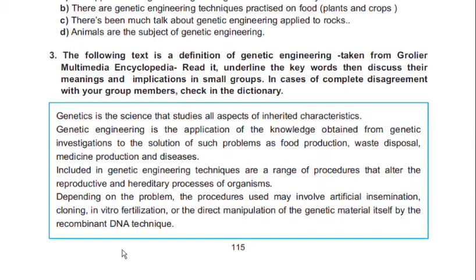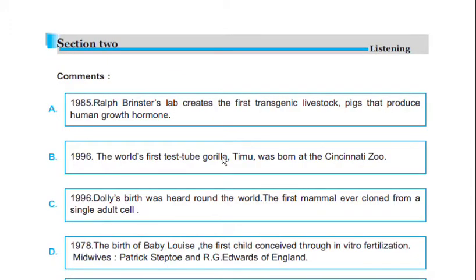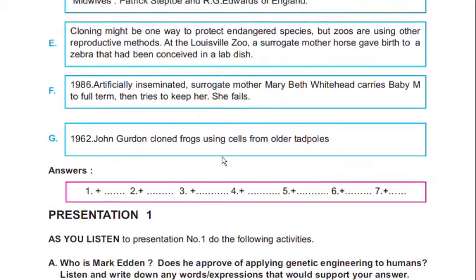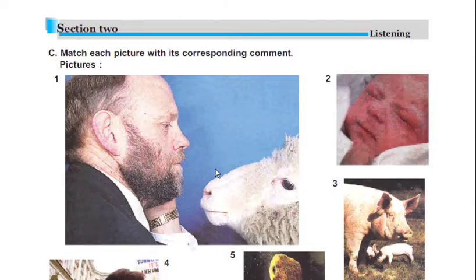Moving on to section C, we're supposed to match these pictures with the corresponding comments that we have on the following page. These are headlines from newspapers. We're going to match them with these pictures that we have in the following page. So one is a picture of that sheep in here.